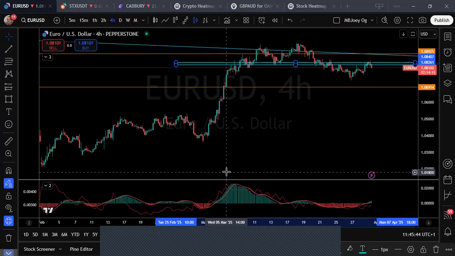So the bottom line is, when you're creating a trade plan, you want to identify your areas of support and resistance. You want to identify the direction the market is going. And then you want to look at your areas of potential entries.